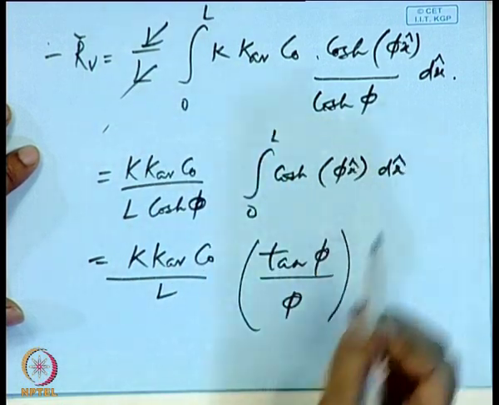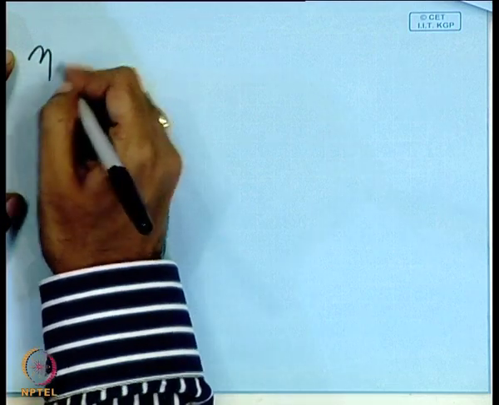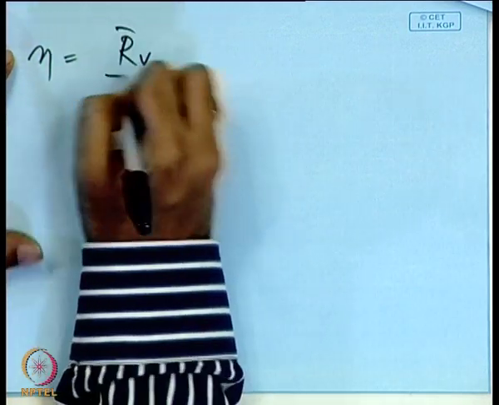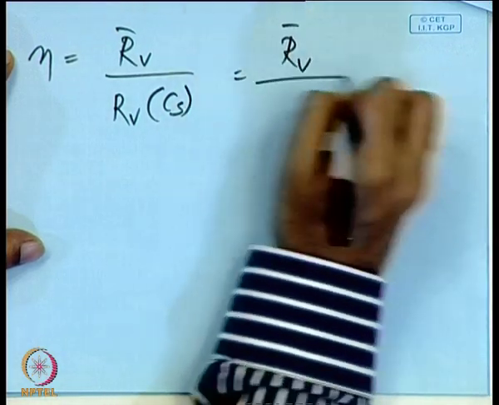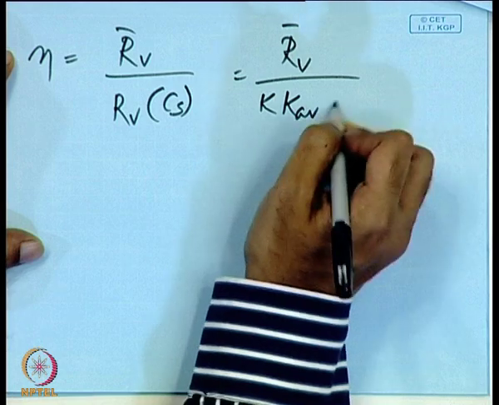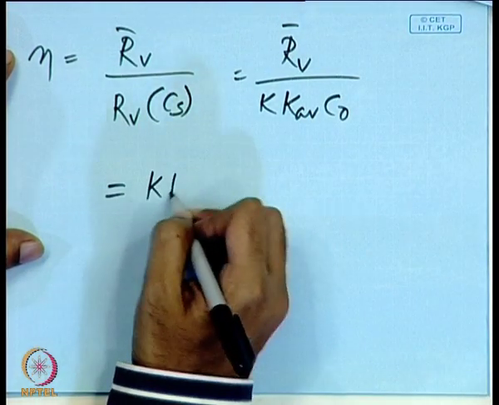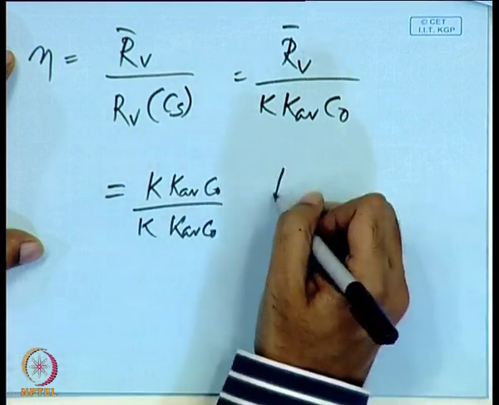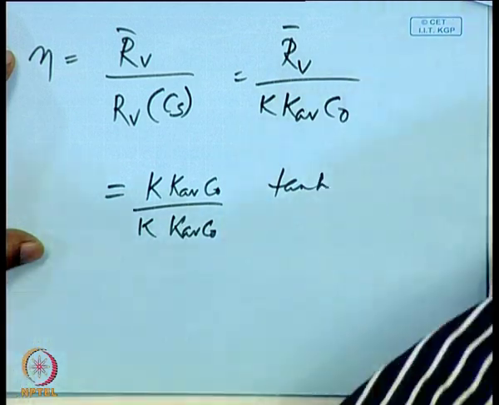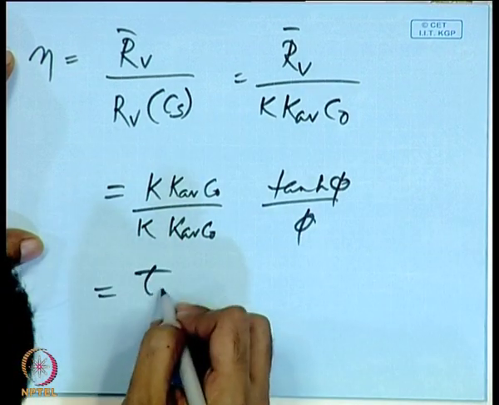Is it clear? So, this is what you have, and then your eta is going to be RV over RV at CS, which comes out to be K kV C naught over K kV C naught, tan hyperbolic phi over phi.